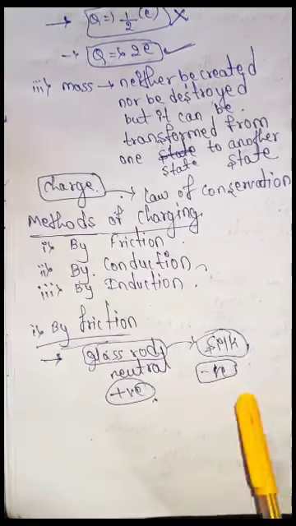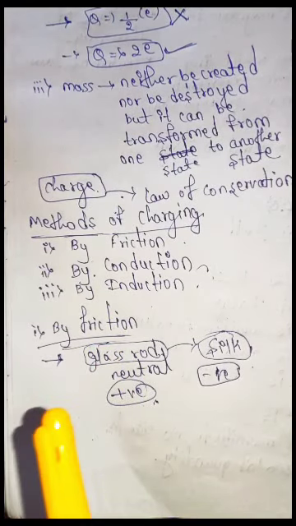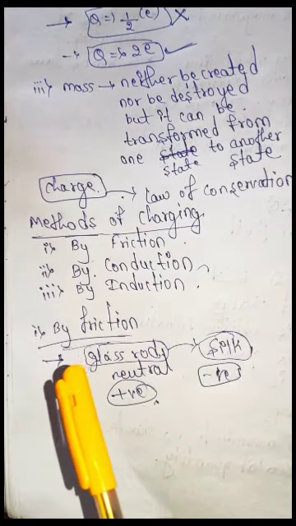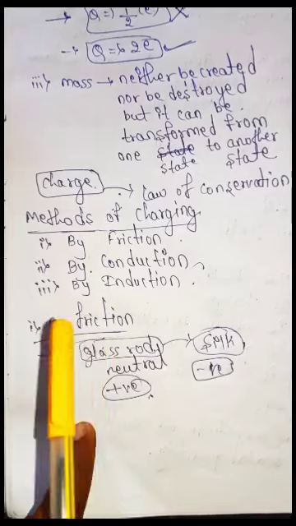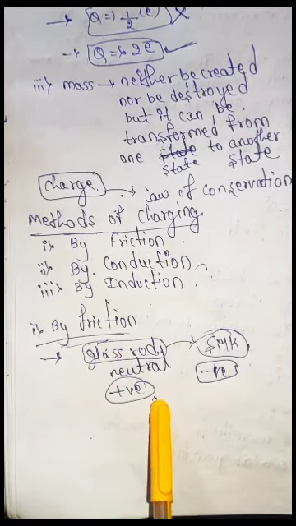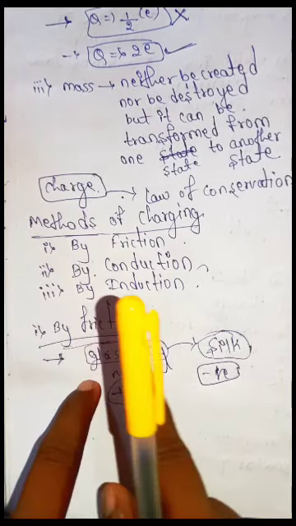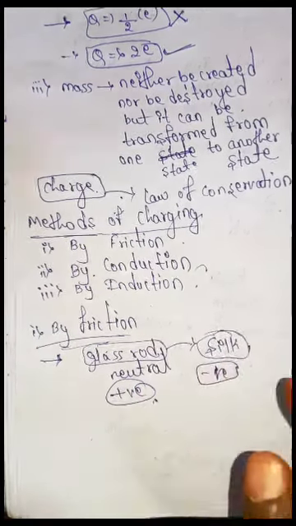Here there will be physical contact of the two bodies to transfer the charge from one body to another. The glass rod is initially neutral, and when it is rubbed with the silk, the glass rod gets positive charge and the silk gets negative charge.